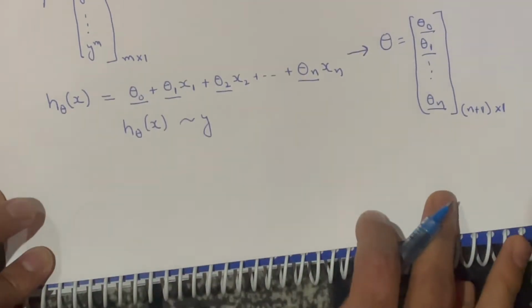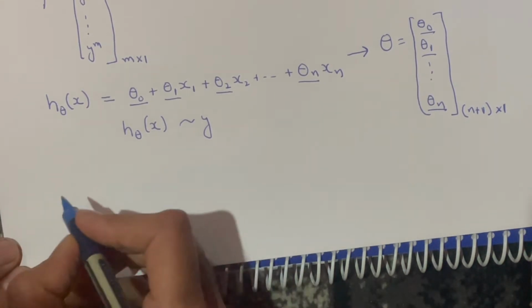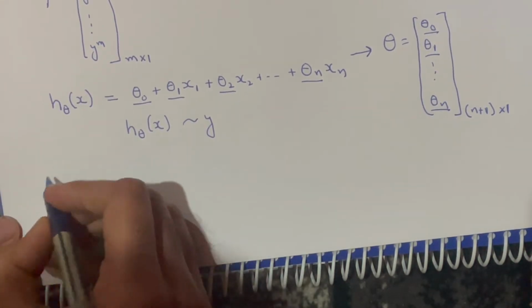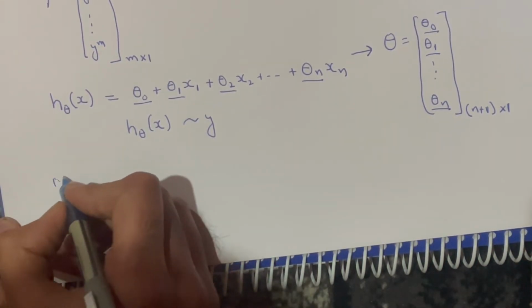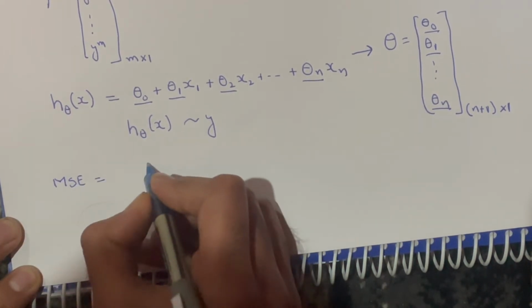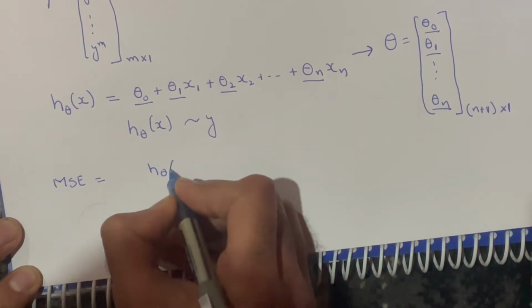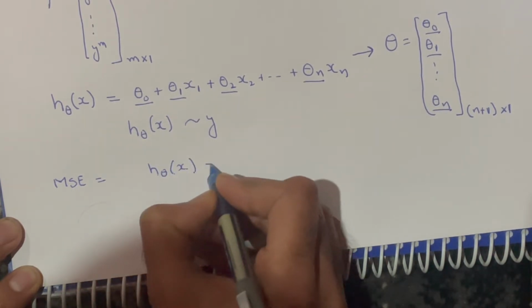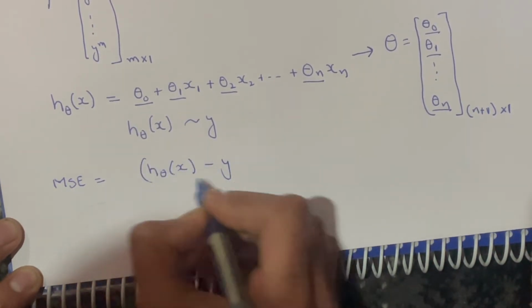For that reason we said that we will first find the mean square error, and the square error is h of theta x minus y, whole square.